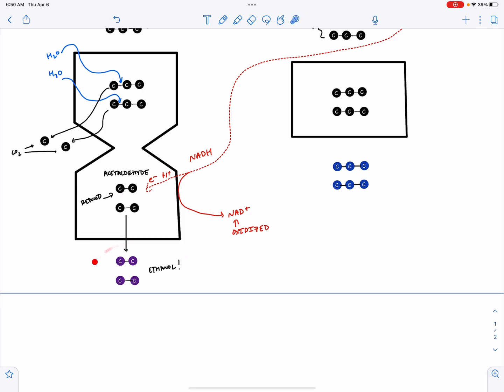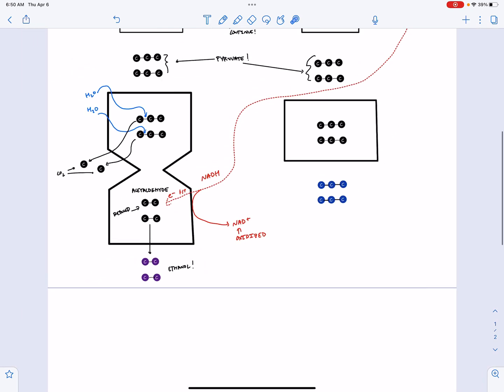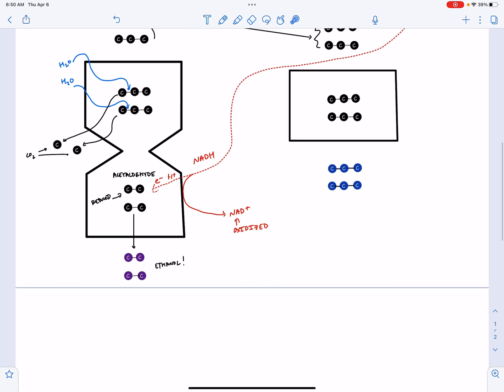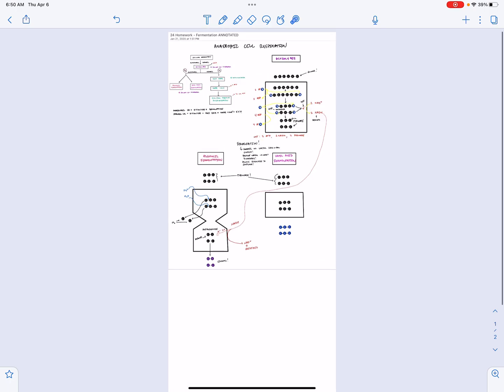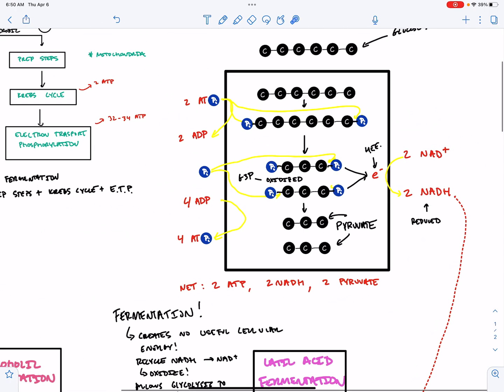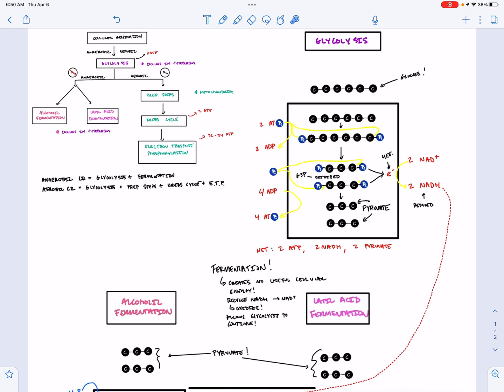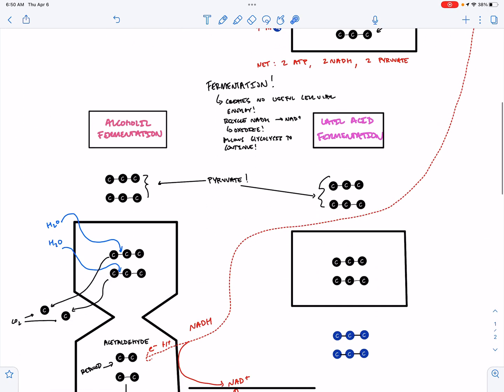It also probably smells a little fruity and a little alcoholic, and that is because ethanol is another product. The whole point of this is to free up NAD+, so the yeast can continue to run glycolysis and get out 2 ATP. Not very efficient, but hey, it works.